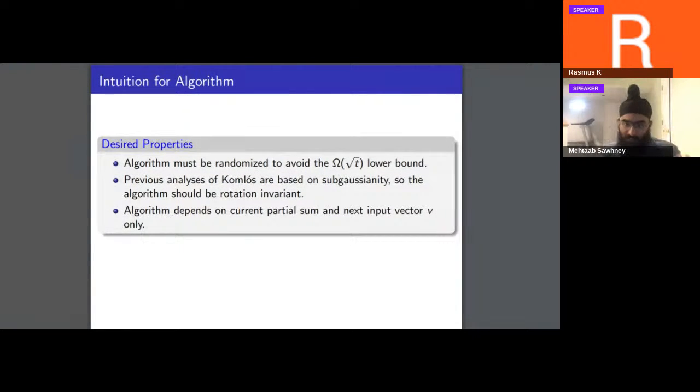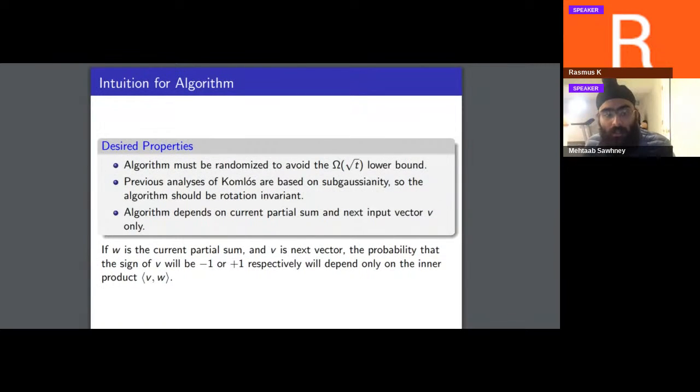And finally, a very natural thing is that your algorithm should not depend on exactly the signs you chose. All that should matter is your current partial sum and the next input vector, because you made your decisions and can't go back and change them. Where you are is what's important.